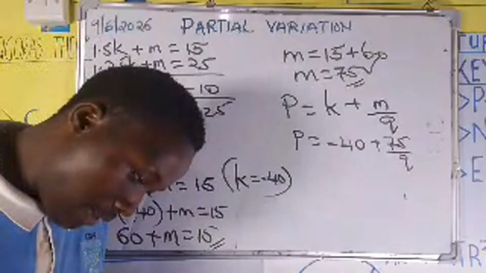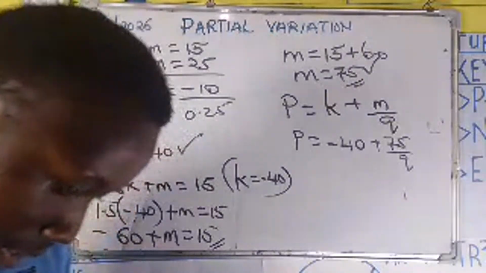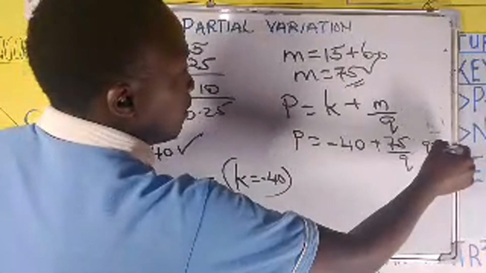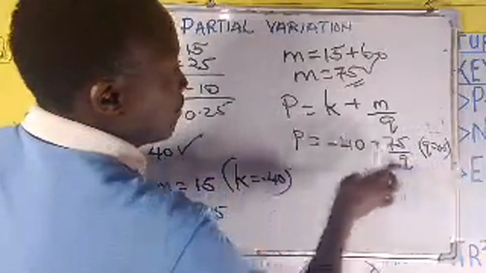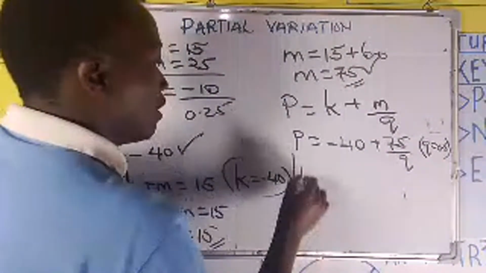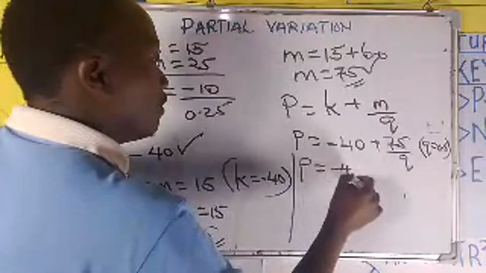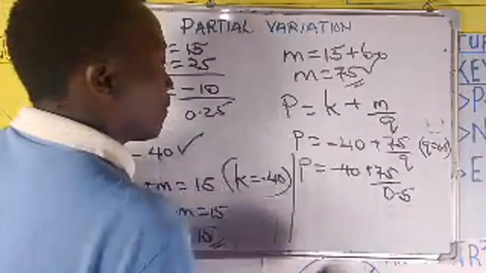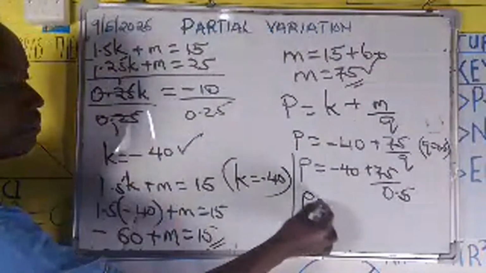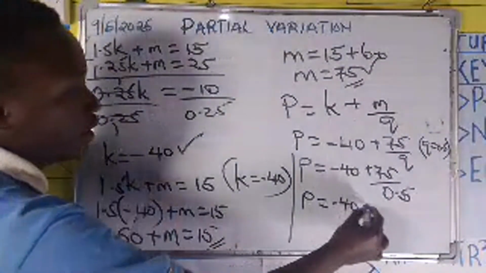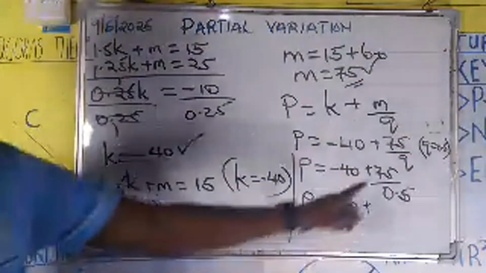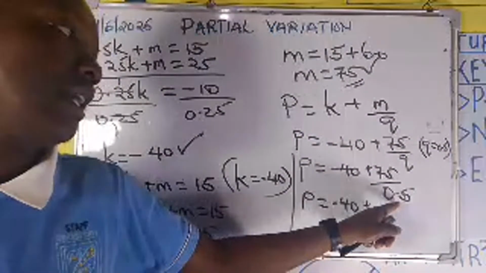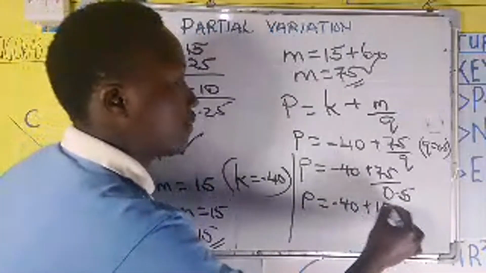Then we are told to find the value of P when Q is 0.5. So when Q is 0.5, we look for P. So P is equals to minus 40 plus 75 over 0.5. 75 divided by 0.5 is the same as 75 divided by a half, so you will get 150.